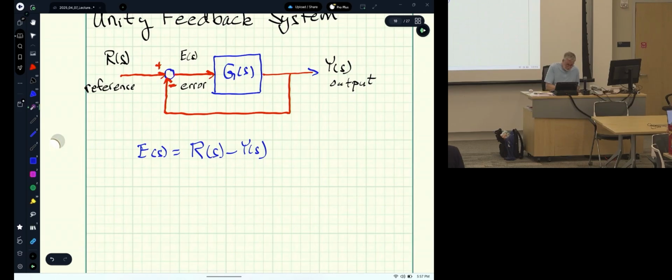This is called a summer or summing junction. Maybe I'll put the little figure over here to make the sign super clear. R, Y, E. This is a summing junction.